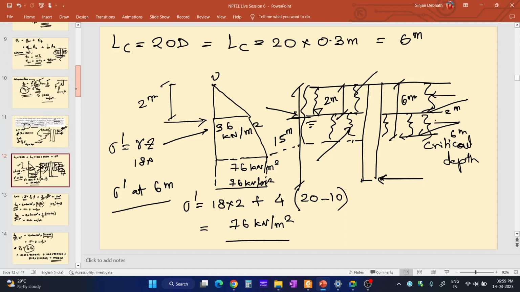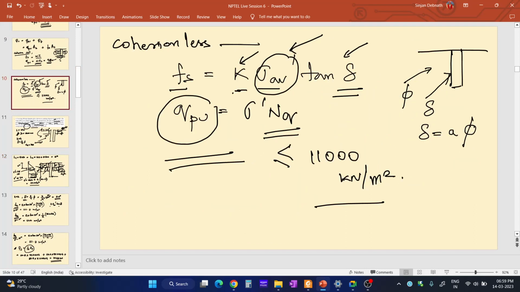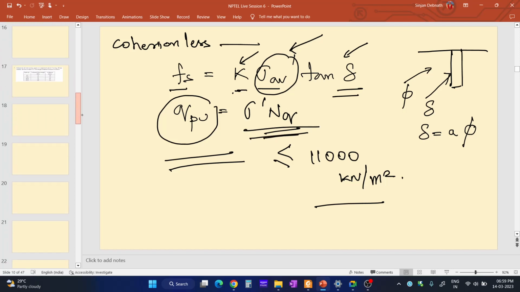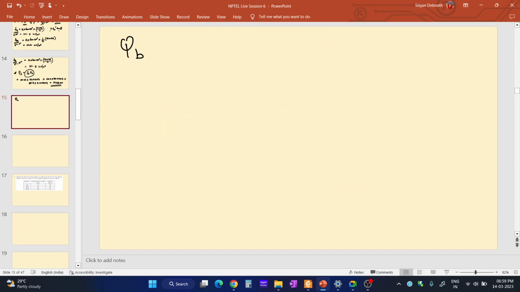So what is the formula we have derived for the unit end bearing resistance? For cohesionless soil, it is sigma dash Nq. So Qb will be equal to Qup into Ab.